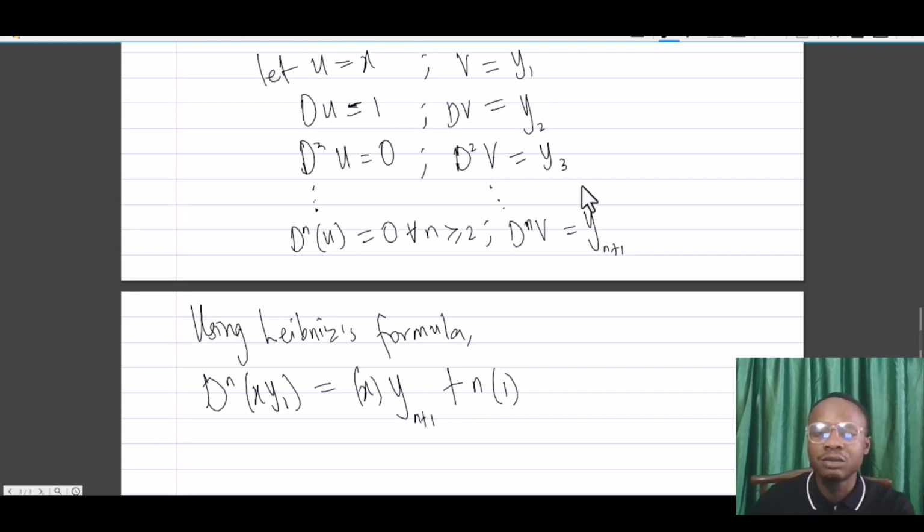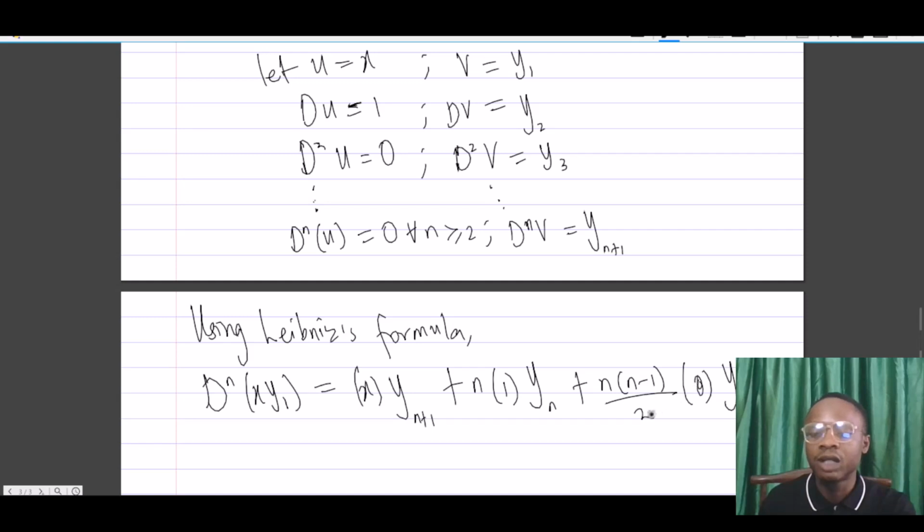When we replace n here by n-1, it is going to give us y_n. Then plus n(n-1)/2, multiplying the second derivative of u, which is 0, then multiplying the (n-2)th derivative of v, that's replacing n by n-2, that will be y_{n-1}.